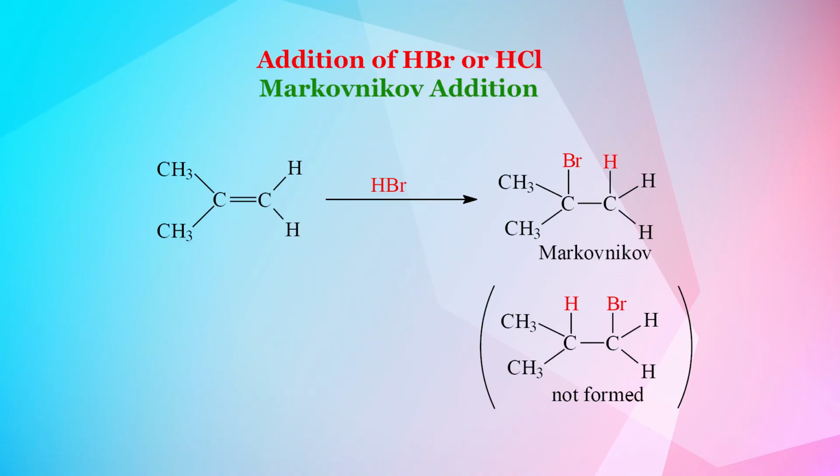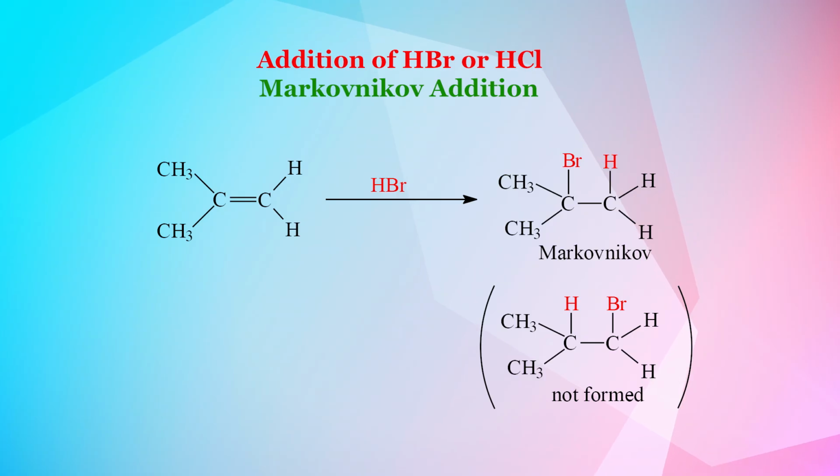As you can see on your screens, I have taken an example of 2-methylpropene. When we carry out the reaction with HBr, we find that H goes to the carbon which already has 2 hydrogens, so the rich becomes richer.